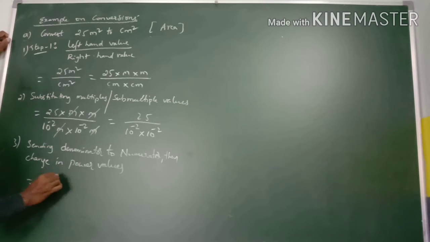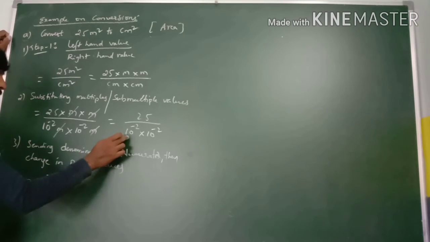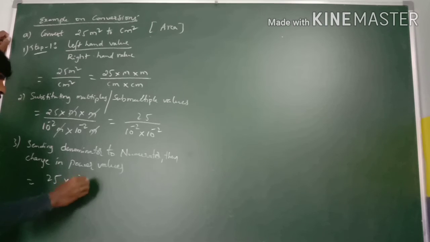So that is equal to 25 into 10 power minus 2 becomes 10 power plus 2, and this 10 power minus 2 becomes 10 power plus 2.